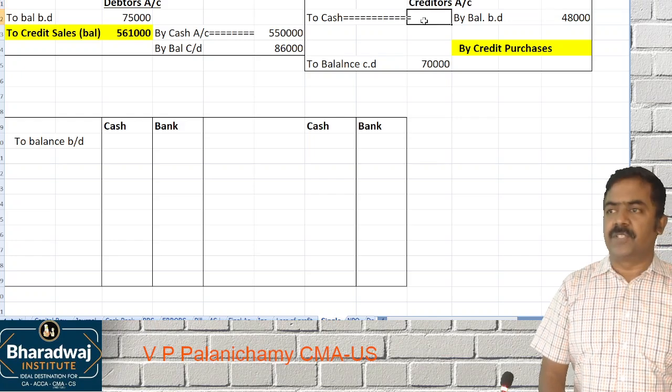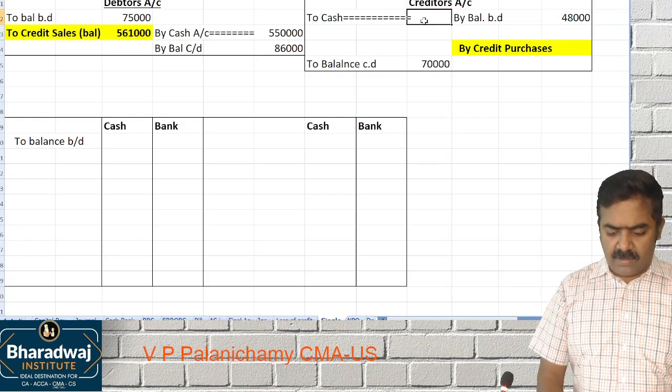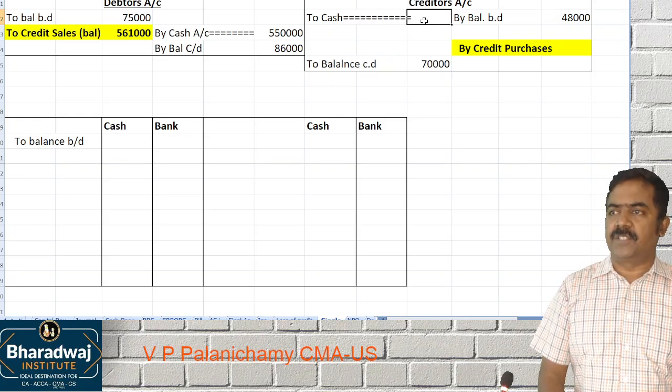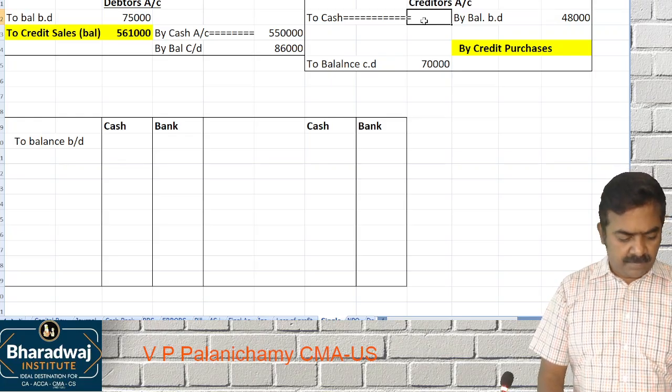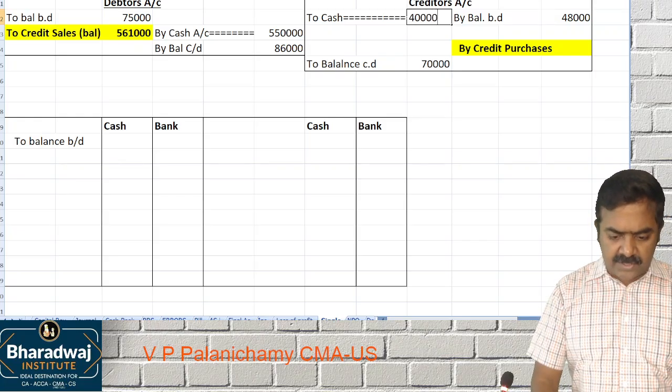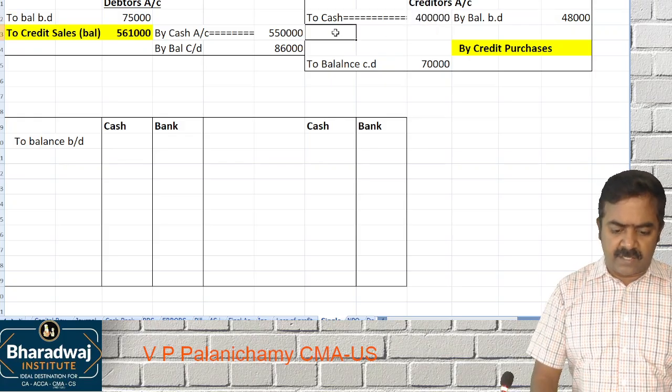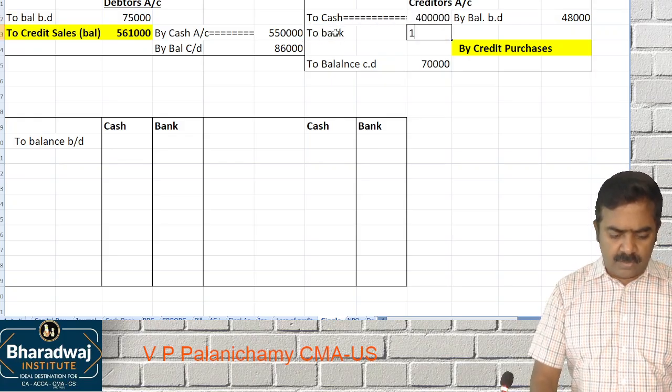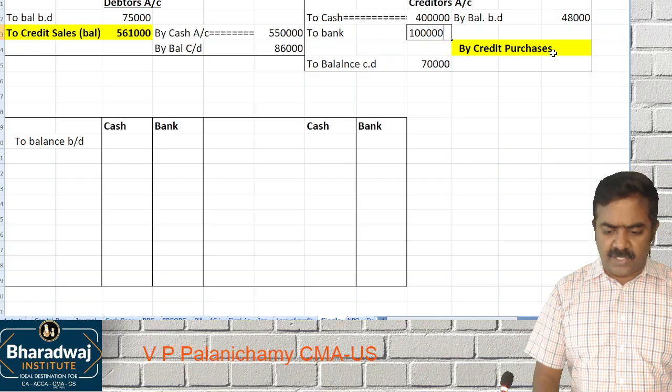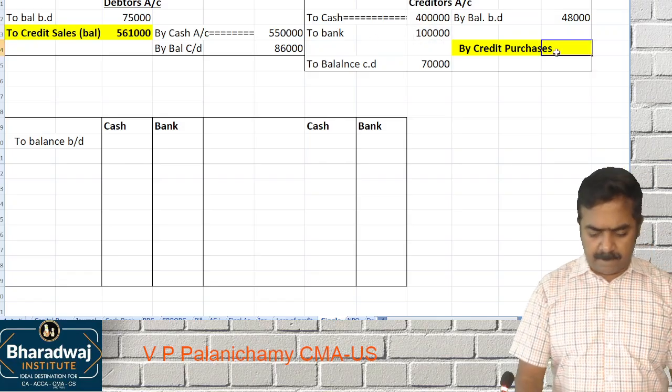4 lakh paid in cash. How much is paid by check to bank? 1 lakh. As a balancing figure, you will get credit purchases.